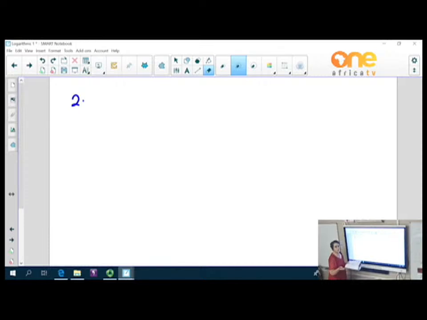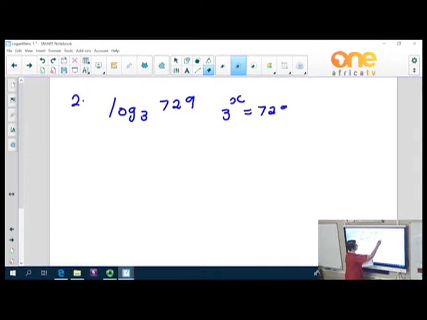Evaluate. That means we have to get an answer now. The first one is log base 3 of 729. I'm going to change it to index notation to find the answer. So the question is 3 to the power of what is equal to 729.